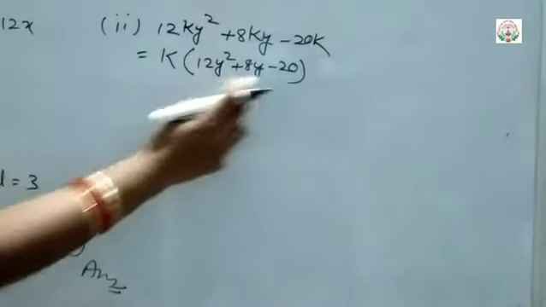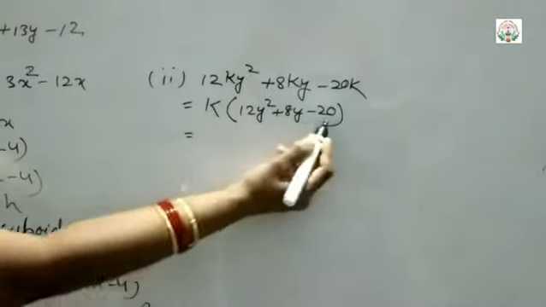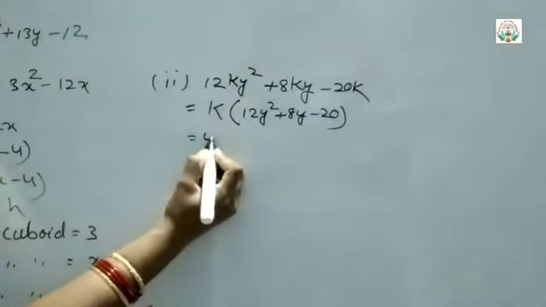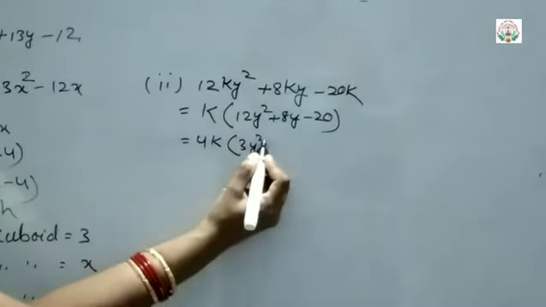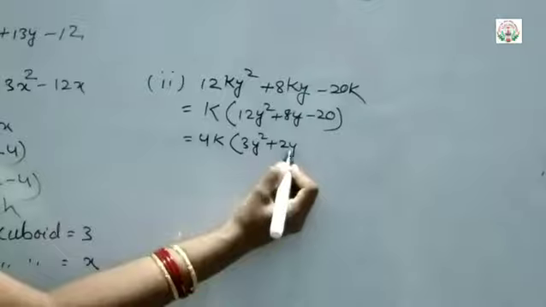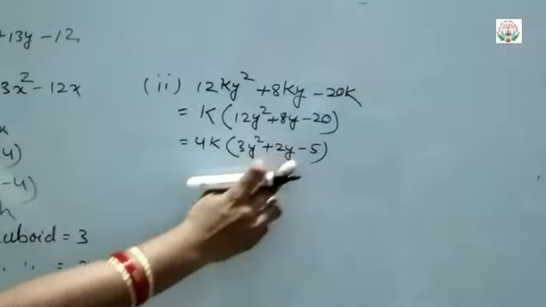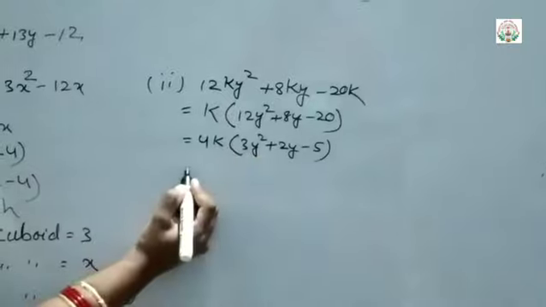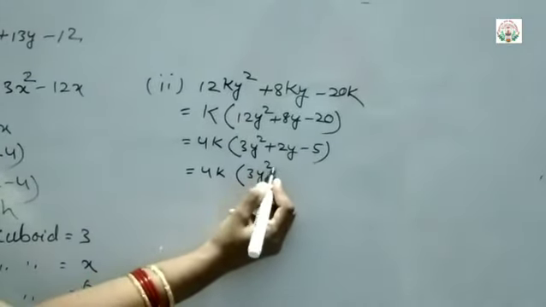Now in this also you can see 4 is common, so we'll write 4k, and then here 3y square plus 2y minus 5. Now factorize, you will do. What will you get? 4k, 3y square.